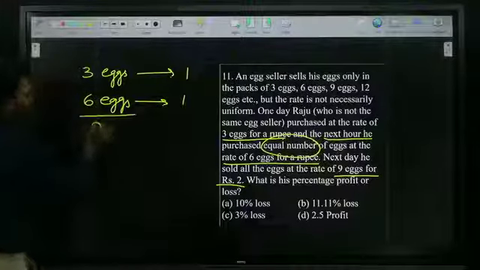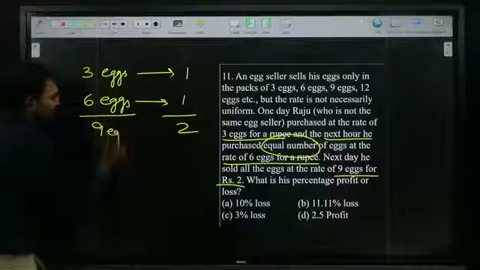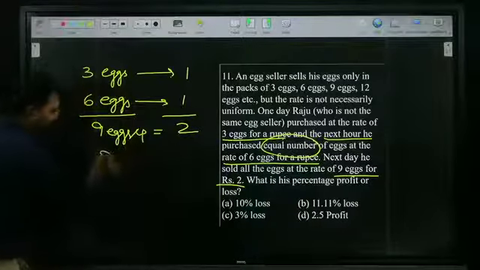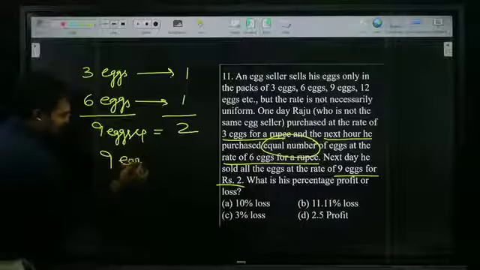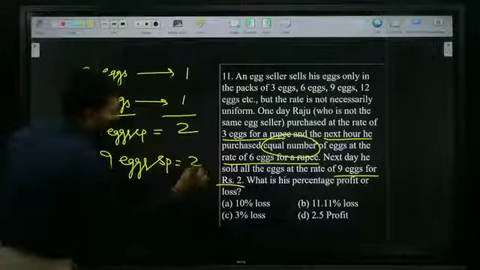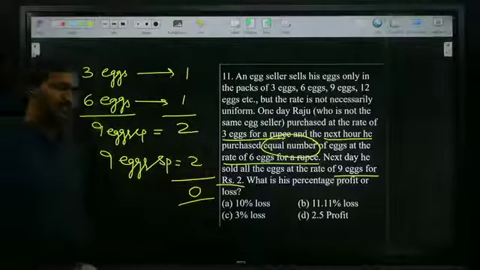Therefore, total 9x is 2 rupees. 9x CP is equal to 2 rupees. 9x selling price also 2 rupees. They said no profit, no loss.